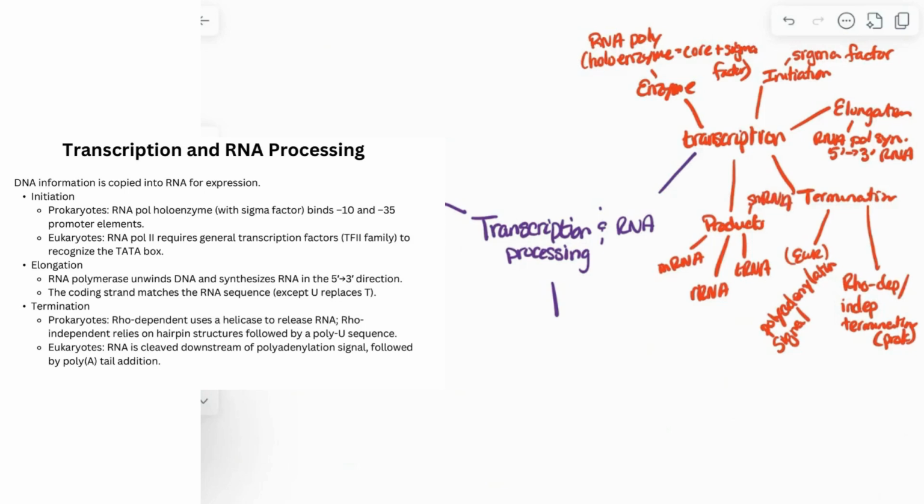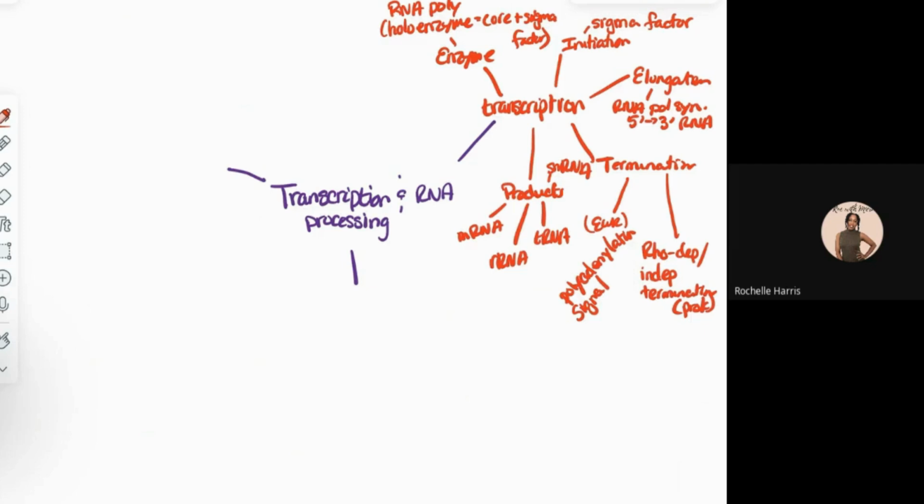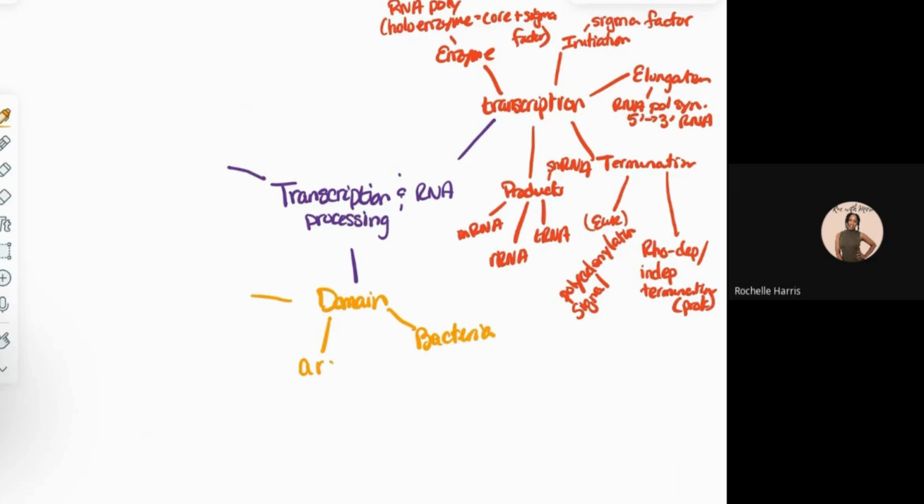Okay, we're going to go to our next branch, and that is domain. And from domain, we have 3 branches: bacteria, archaea, and eukarya.